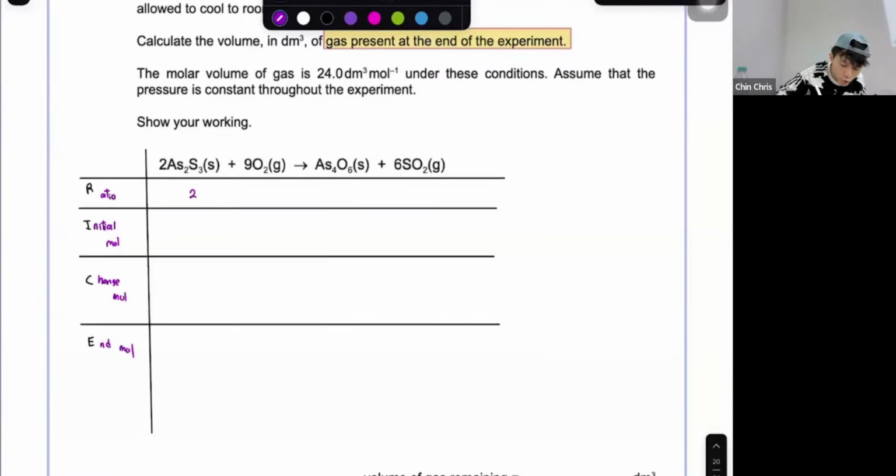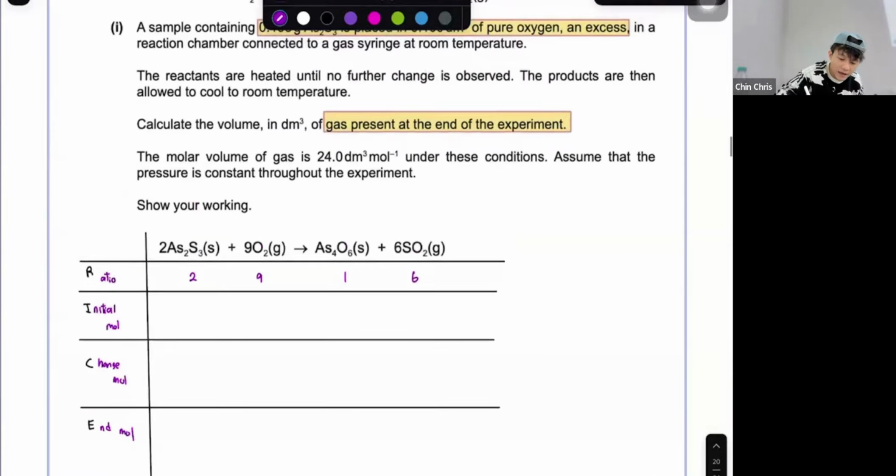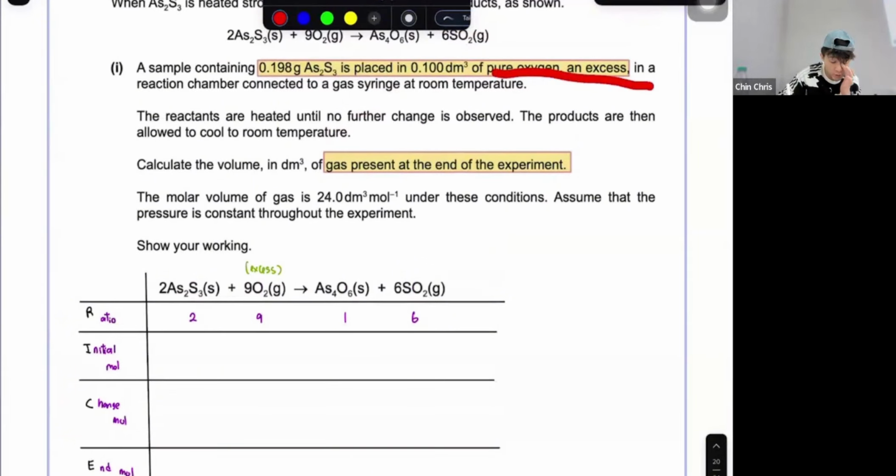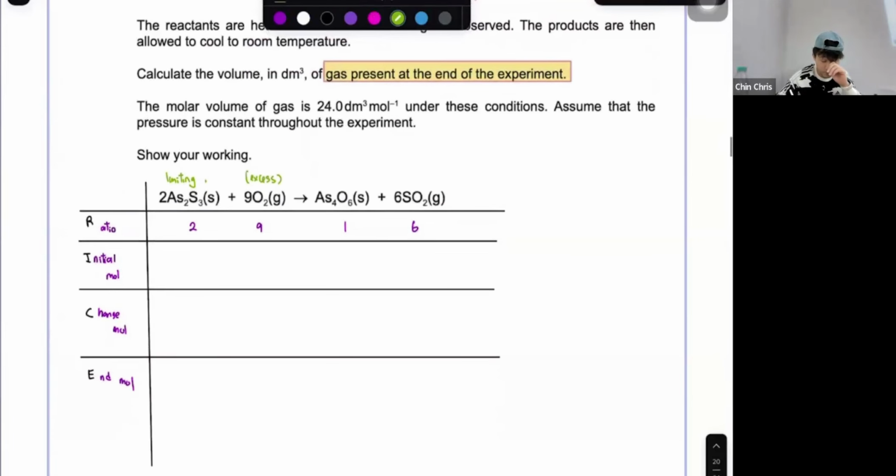Okay, guys, the ratio is 2:9:1:6. Guys, I know that this is excess. You can see that oxygen is excess, which means As2S3 is my limiting. Understand? Clear. Go.